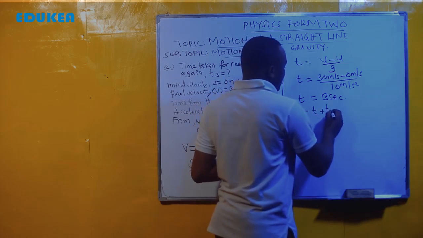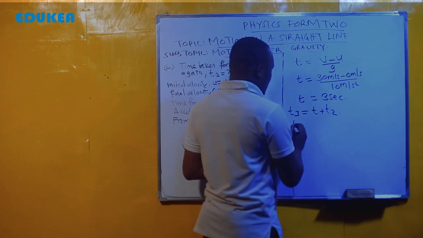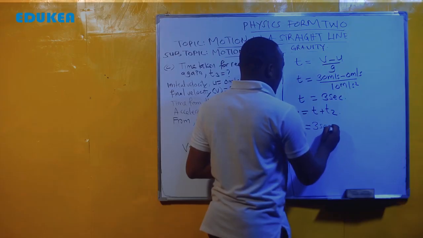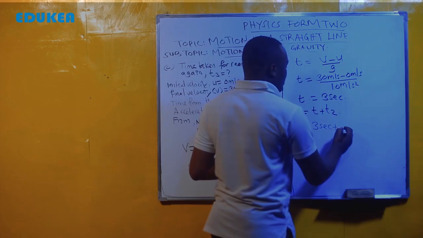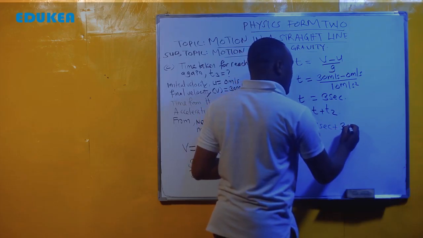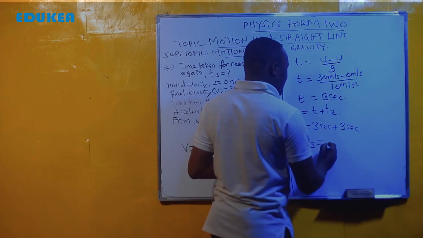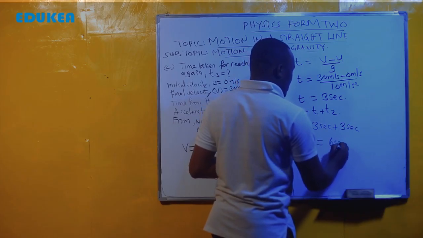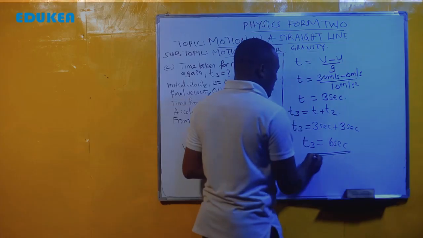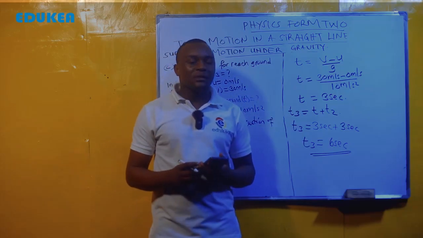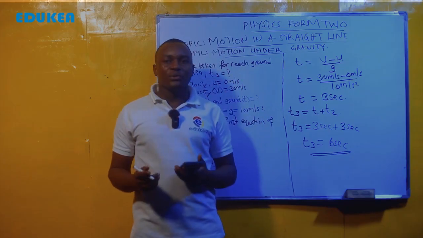So t3 will be t, tumepata ni 3 seconds, tutajumlisha t2 tulikuwa tumepata ni 3 seconds. Kwa hiyo t3 sawasawa na 6 seconds. That will be the time used by the stone to reach the ground again.